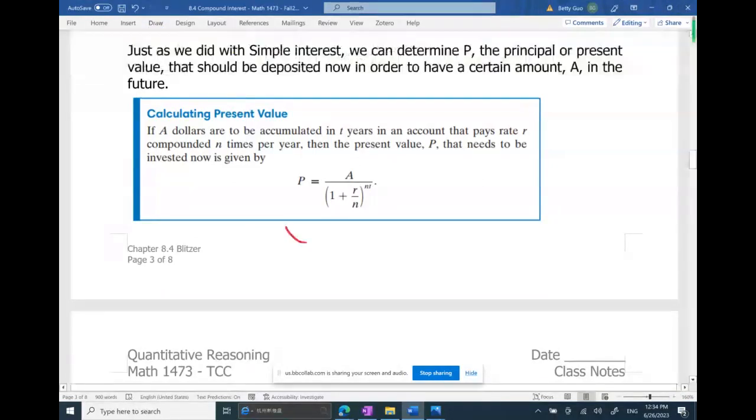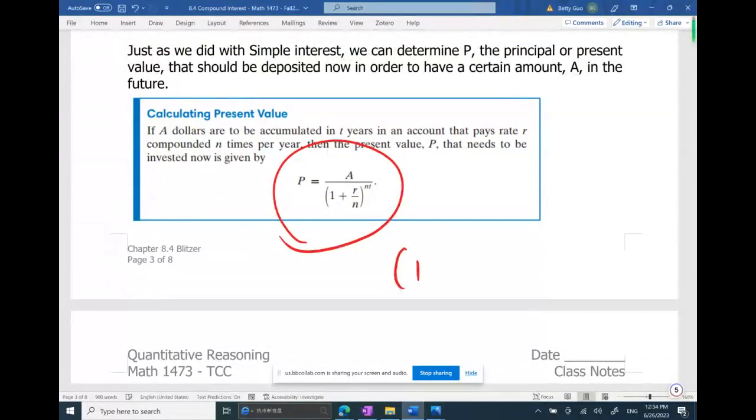Okay, in this formula, we call 1 plus R over N the discounting factor. Yes, it looks exactly the same as the compounding factor, but it is called a discounting factor when the process goes from future value to present value, going backwards.